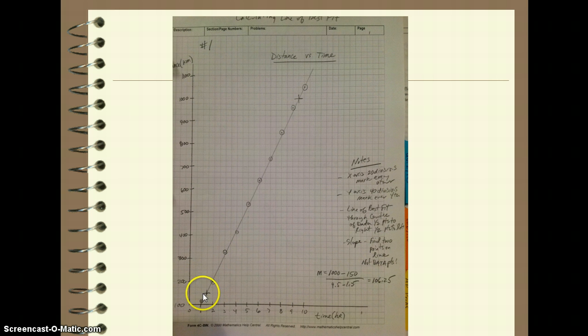This one's 1,000, and this one looks like it's 150, and so I did 1,000 minus 150, and then I correspond to the x values, and this x value down here looks like it's around 9.5, and this one is 1.5, so I subtract, and then last divide to get the slope. And then to find the y-intercept, you would obviously have to extend this downward to see where it crosses that vertical axis, but that's not done here.